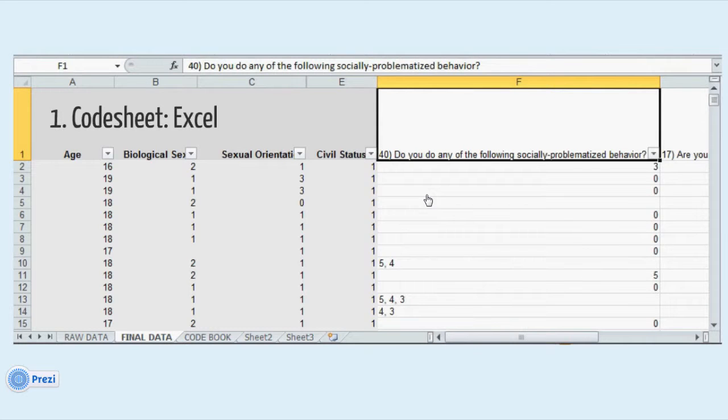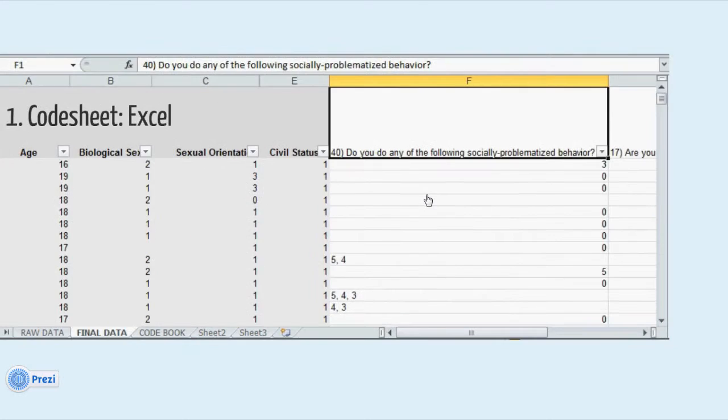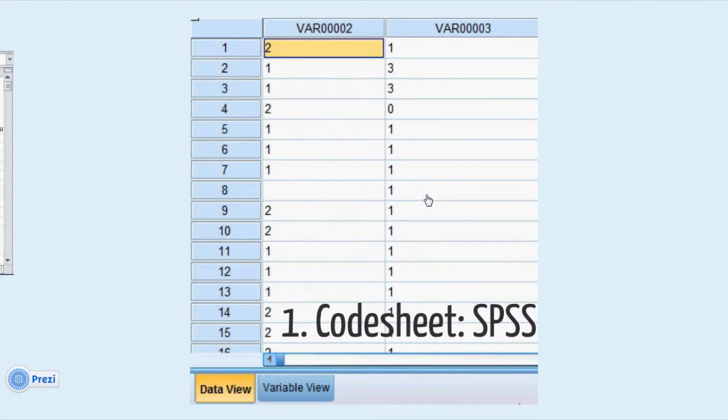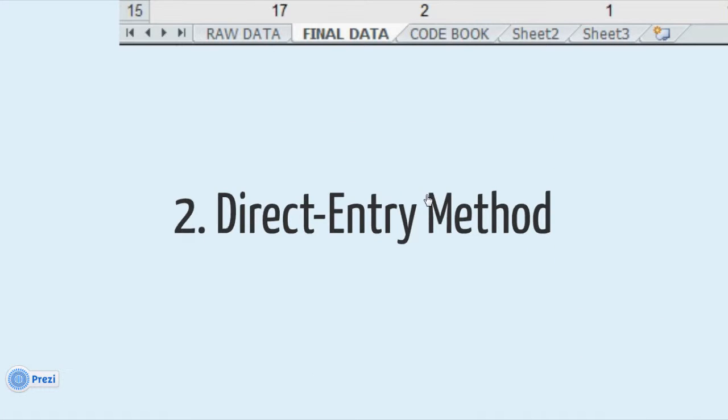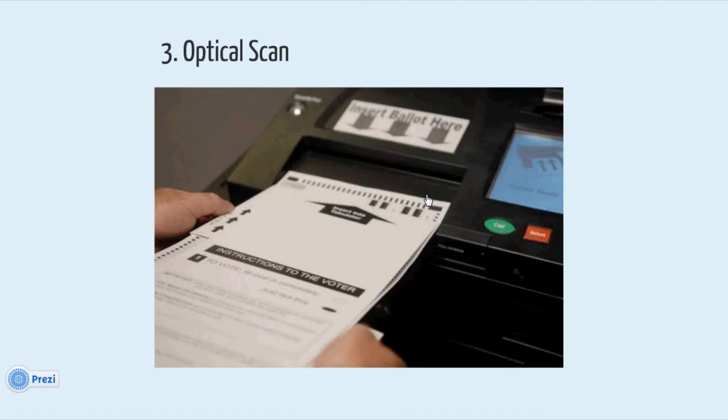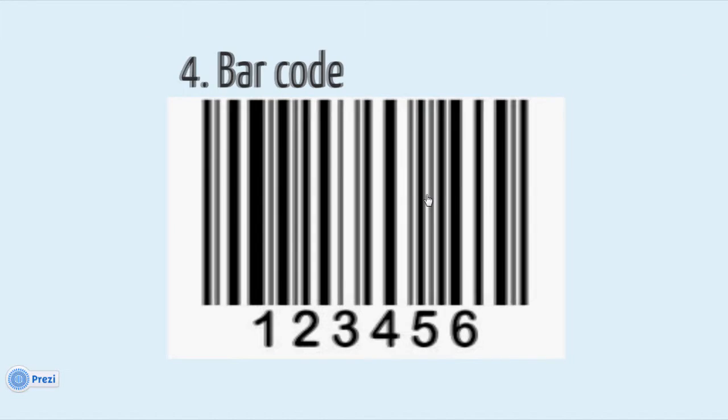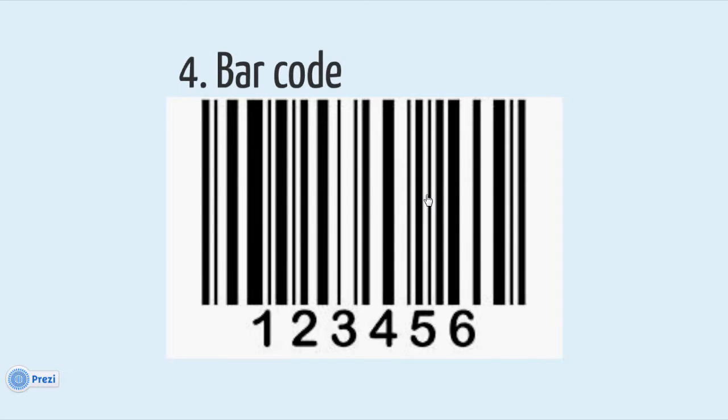One is via code sheet. A popular example of this is Microsoft Excel and SPSS, or Statistical Package for the Social Sciences. 2 is direct entry method. 3 is optical scan, and 4 is barcode.